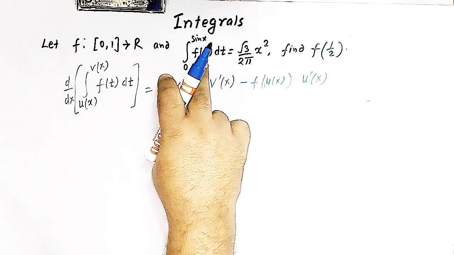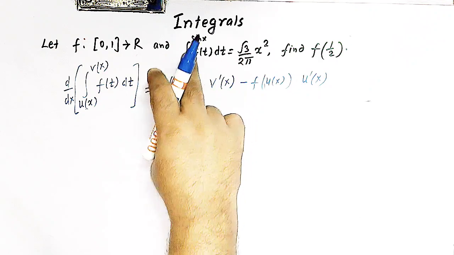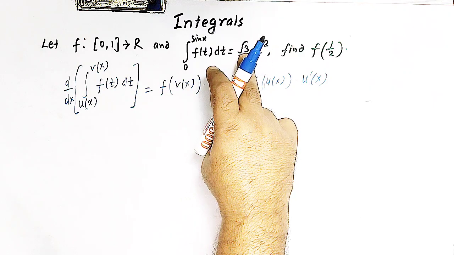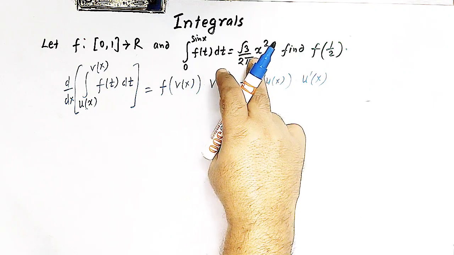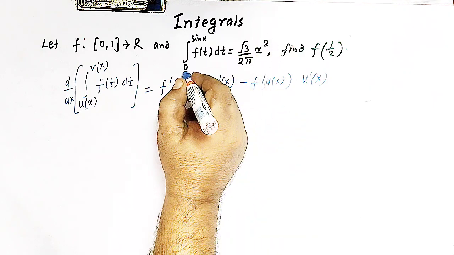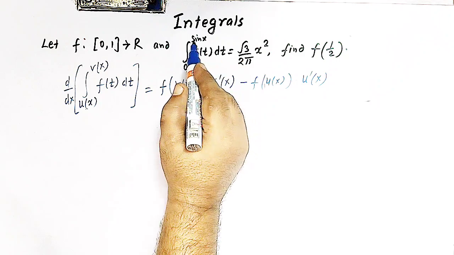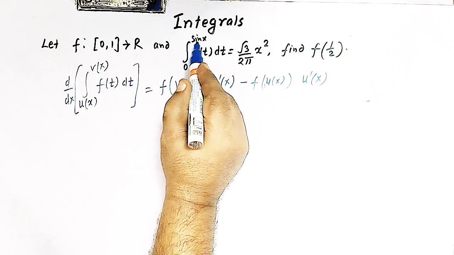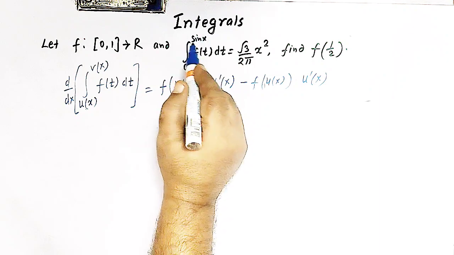Here we are given the integral from 0 to sin x of f(t) dt, equal to square root of 3 over 2 pi x squared. The lower limit is 0 and the upper limit is sin x, which is a function of x.